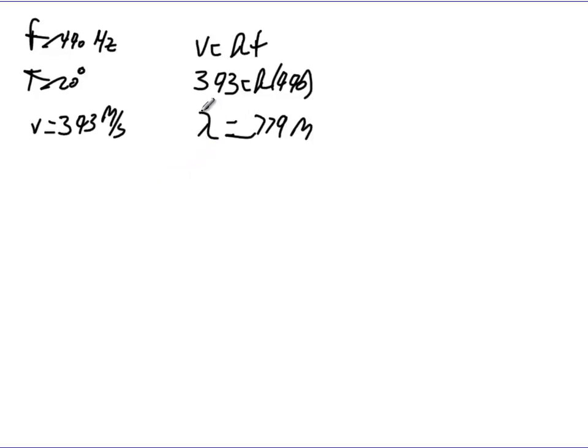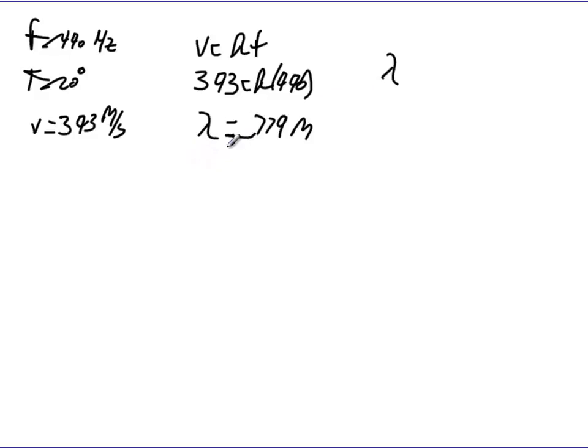It's a closed tube, which means the first wave that'll fit is going to be 4 times the length of the tube. But then what's the next wave that's going to fit? It's going to be half a wavelength different, because everything in here changes. That's what they're asking when they're asking for the distance between the resonances.